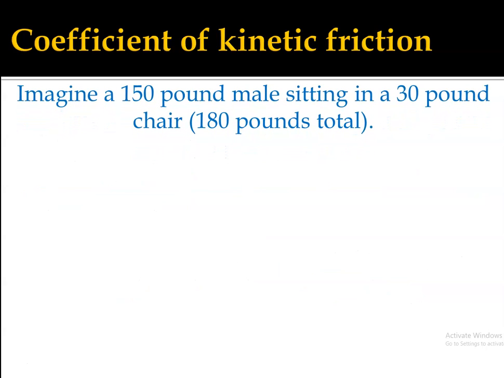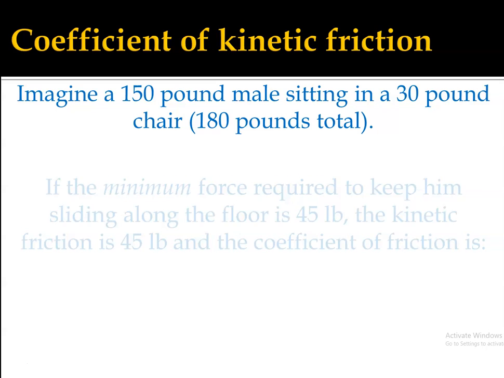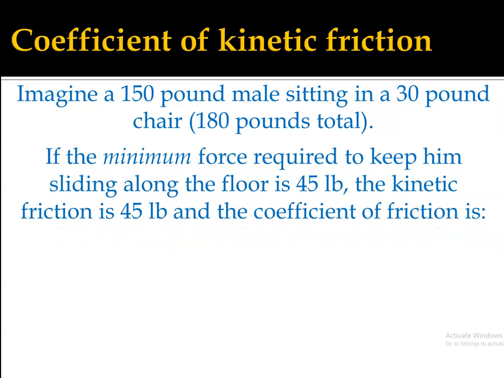So now imagine a 150-pound male sitting in a 30-pound chair. We're looking at 180 pounds total. And if the minimum force required to keep him sliding along the floor is 45 pounds, the kinetic friction then is also 45 pounds. And the coefficient of friction can be calculated.